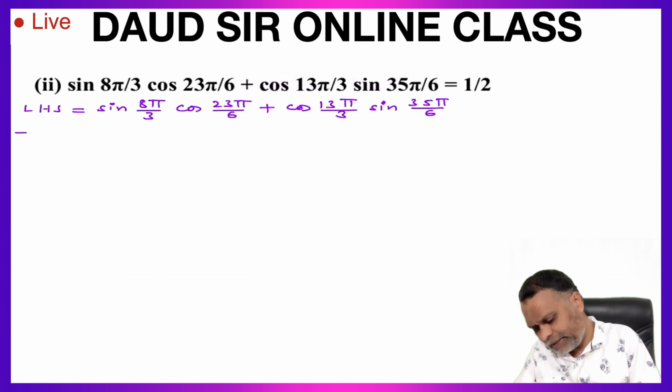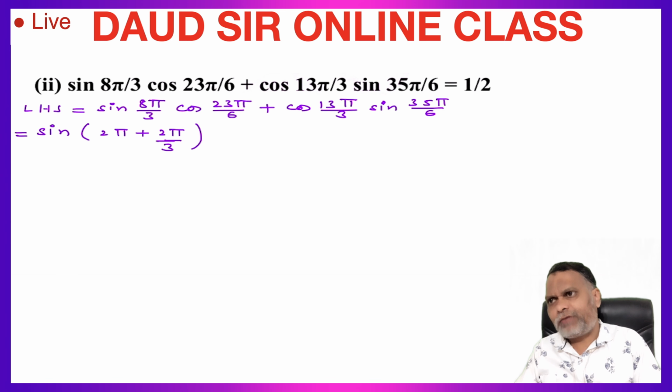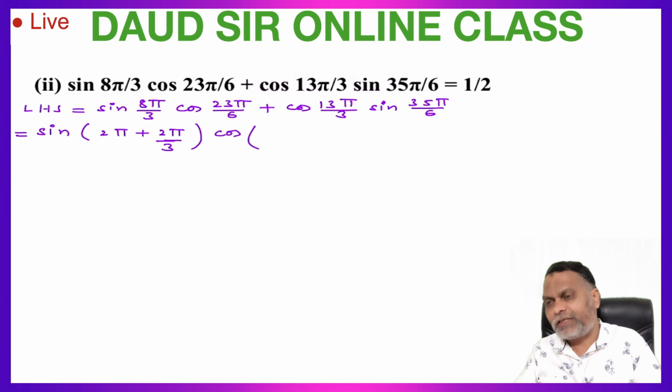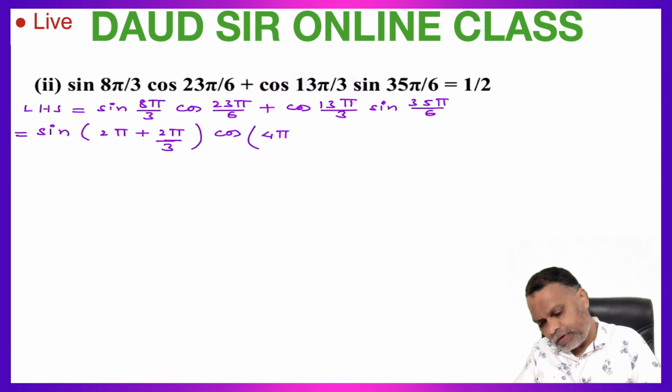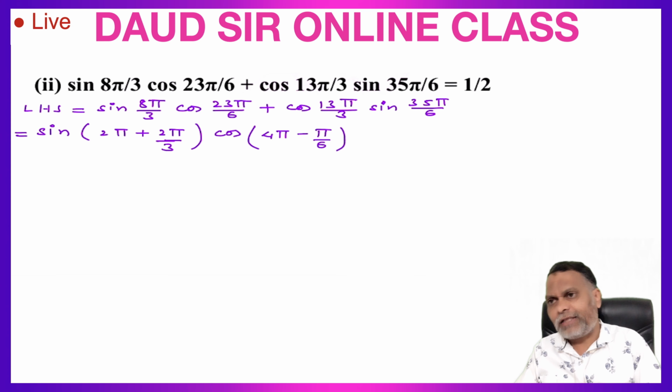So we can write this sine. Divide this 8 by 3, 3 twos are 6, so we can write this 2 pi plus 2 pi by 3. When we take the LCM 3, 3 twos are 6 pi plus 2 pi, 8 pi by 3. Similarly, cos 23 pi by 6, divide this 23 by 6, 6 fours are 24, so 4 pi, 24 pi, it is 23, so minus pi by 6. Take LCM 6 and simplify this, again we will get 23 pi by 6.